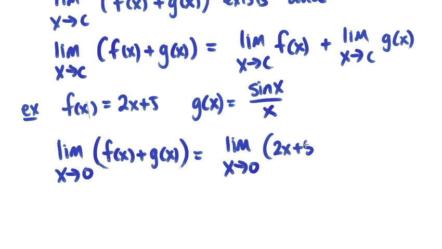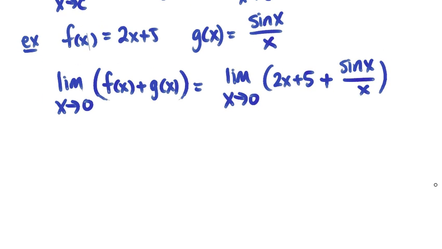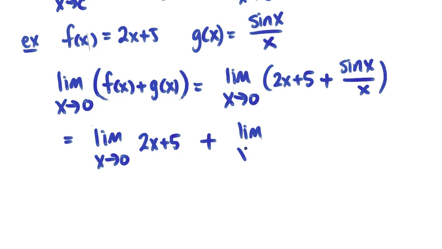It would be first function plus your second function, and taking this apart gives you the limit as x approaches 0 of 2x plus 5, as well as the limit as x approaches 0 of sine x over x.